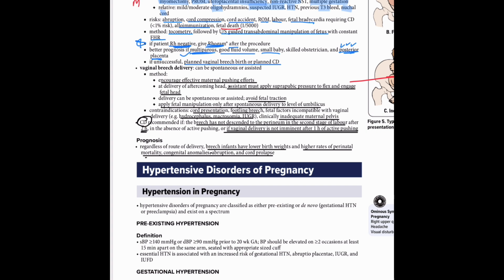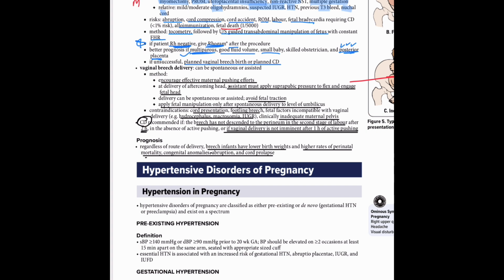And what if there was pushing? If after 1 hour of active pushing vaginal delivery is not imminent and the breech has not descended to the perineum, then we'll say, okay, we tried for vaginal breech delivery, now let's go for cesarean delivery.